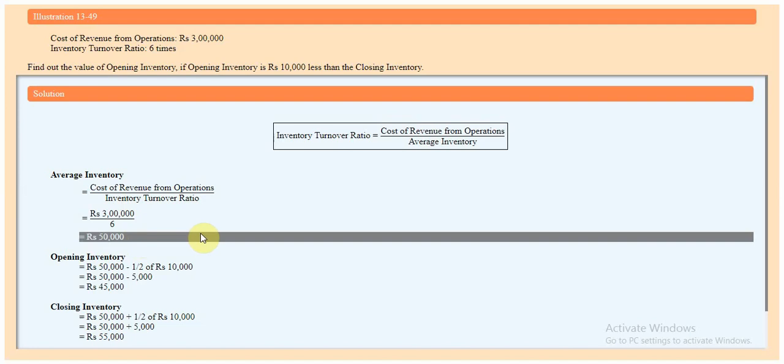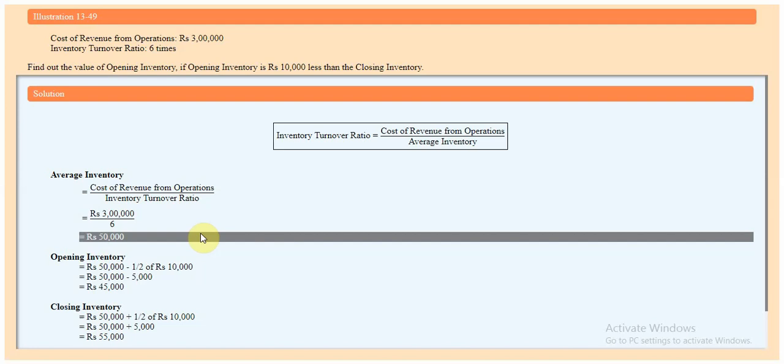Now we need to find out the opening inventory. Do we have the closing inventory? No, we do not have the closing inventory. But what hint is given in the question for us? They have told that opening inventory is 10,000 rupees less than the closing inventory. So the difference between opening inventory and closing inventory is 10,000 rupees. And the average inventory we have found out, it is rupees 50,000.